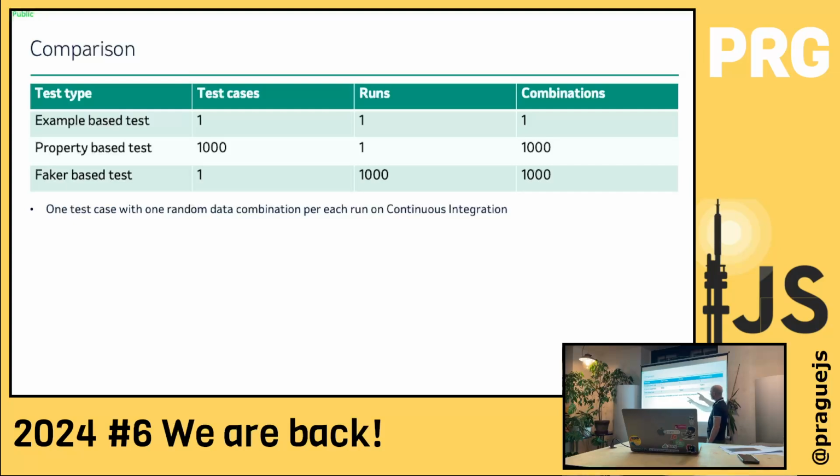And how can we achieve that? I hope everyone uses continuous integration. So if you have some faker-based test, in a few days you actually run it 1,000 times. So if there is one failure, you will get the error in like 1 day, 2 days, if there are a lot of developers in our team.